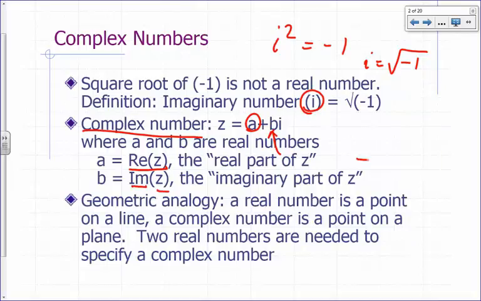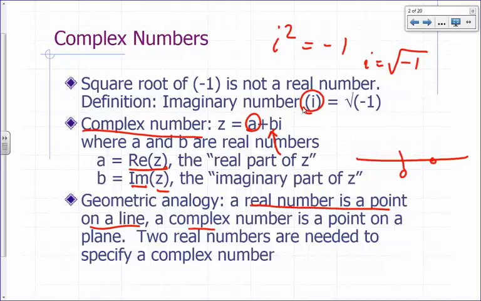A geometric analogy: think of a real number as a point on a line. Once you specify your origin, you just need one number to specify a location on the line. So a real number is a point on a line, whereas a complex number is a point on a plane.